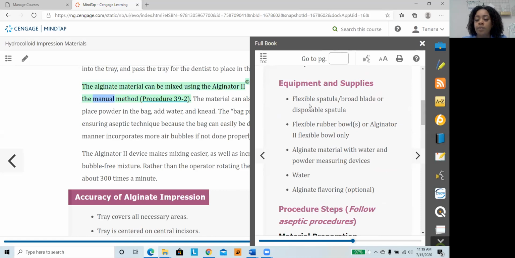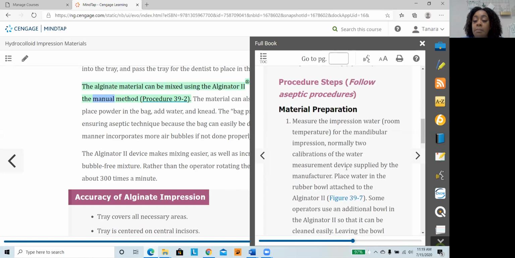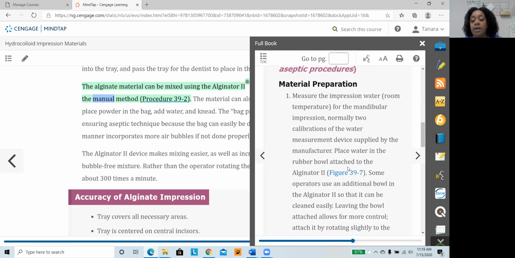The flexible spatula, 9 times out of 10, can be sterilized, and you'll know the difference between a disposable one and one that can be sterilized because the disposable one will be plastic, and that means you can only use it one time. You want to use a flexible bowl. It's going to show you exactly what all these materials are. So a flexible bowl, that's what you're going to be mixing it in. You definitely want water and a powder device. You want to be able to properly measure those particular items.